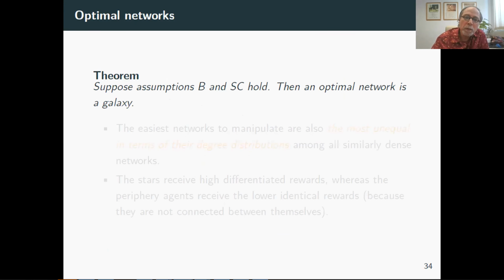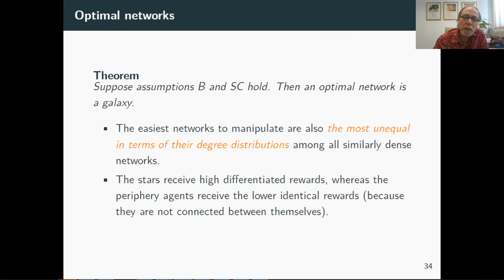Theorem: suppose these 2 assumptions, P and SC, hold, then an optimal network must be a galaxy.